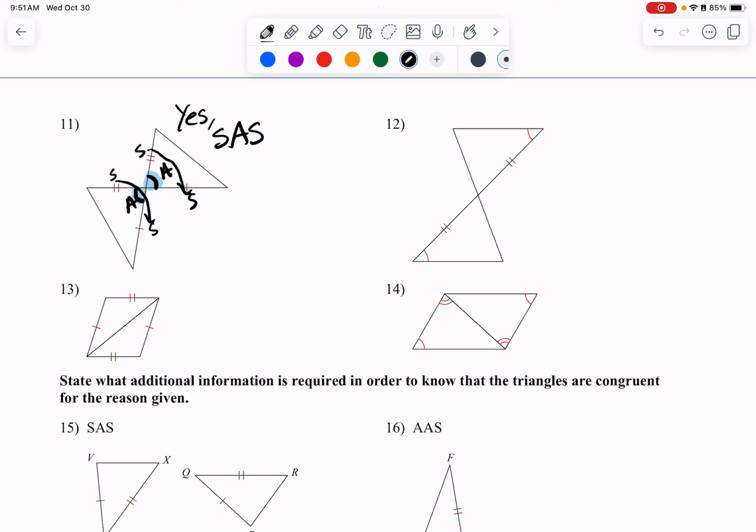Okay, let's look at this next one. Again, we have a pair of vertical angles. So we're always kind of looking out for those overlapping sides or vertical angles. So in this case, I have a pair of angles that I could add in there. That gives me a pattern of angle, then a side, then an angle there. And this would be an angle, then a side, then an angle again.